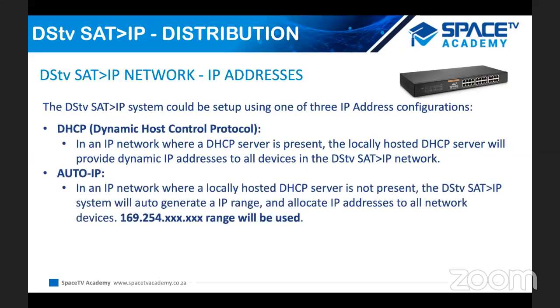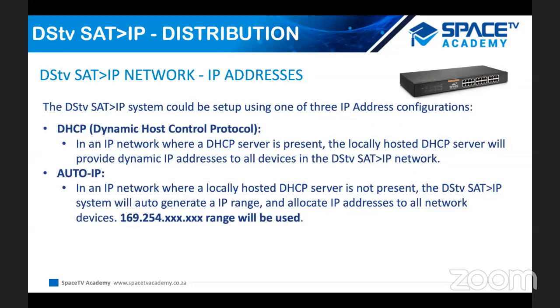The other option is a function called auto IP, and in an IP network where a locally hosted DHCP server is not present, the DStv SATIP server will automatically generate an IP range and allocate IP addresses to the network devices.